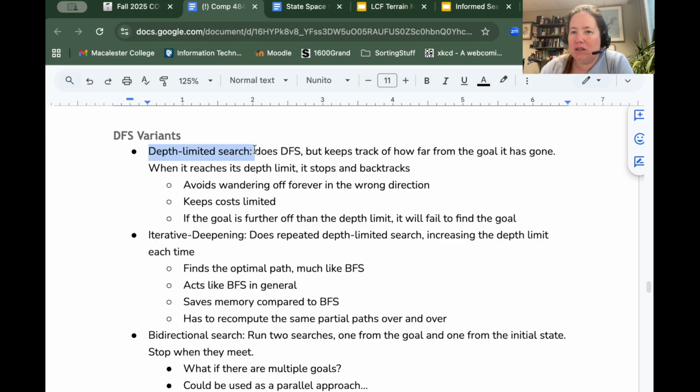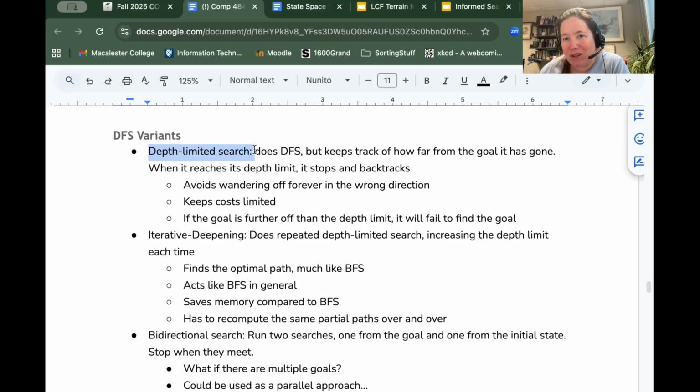If we aren't sure that our search space, our state space, is so big or potentially infinite, we don't really want depth first search plunging off into the wilderness and never coming back, we can use depth limited search. With depth limited search, you just set a cap on how far depth first search is allowed to go. Maybe it's only allowed to go 4 steps away from the start. And if it doesn't find a solution, it isn't going to take that 5th step. It's instead going to backtrack and look for other solutions that are closer at hand.